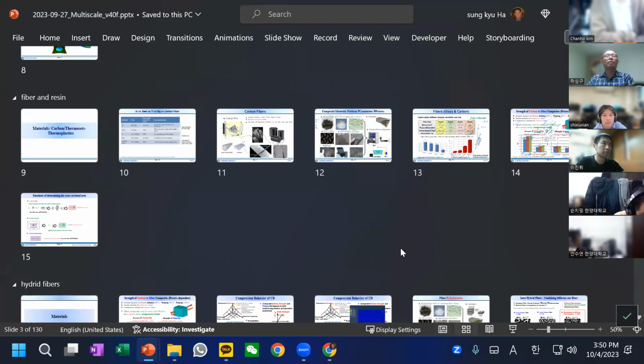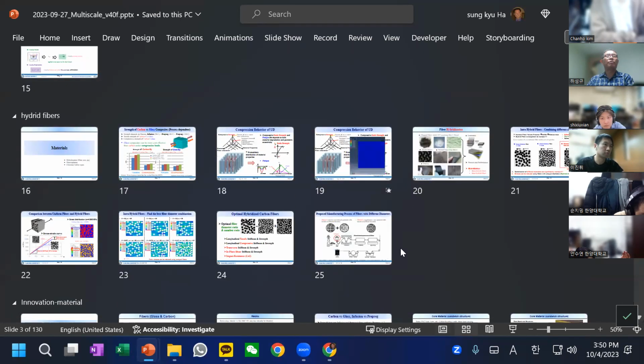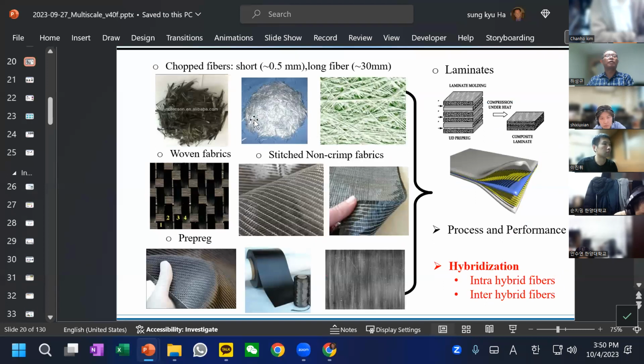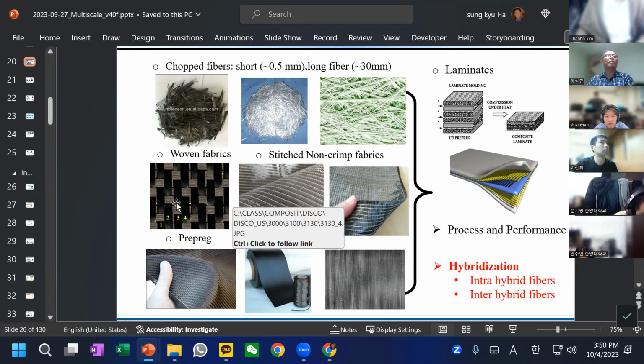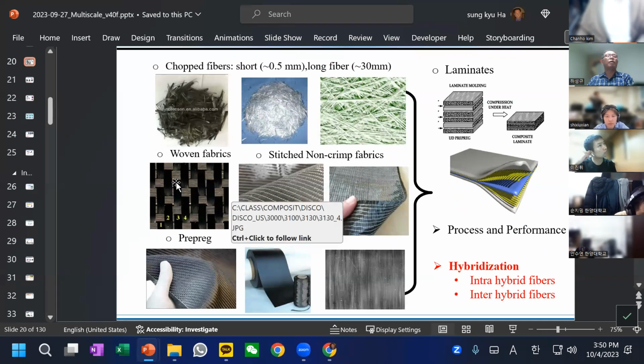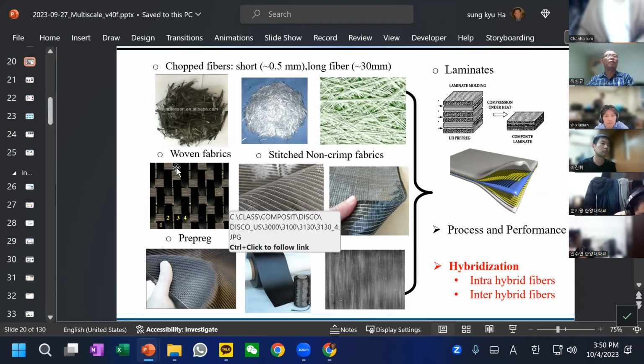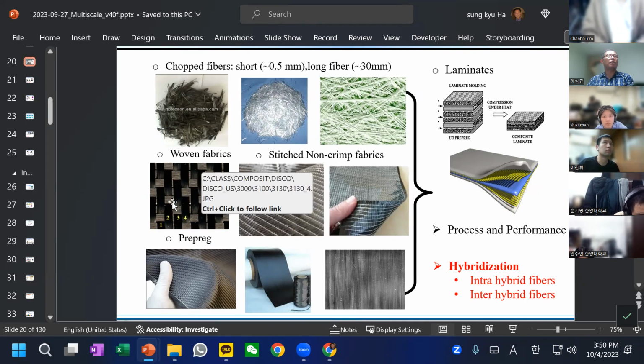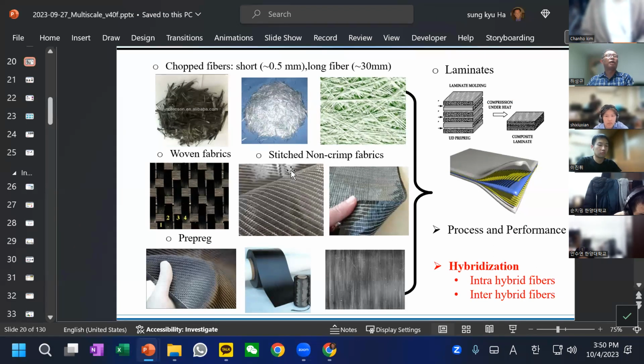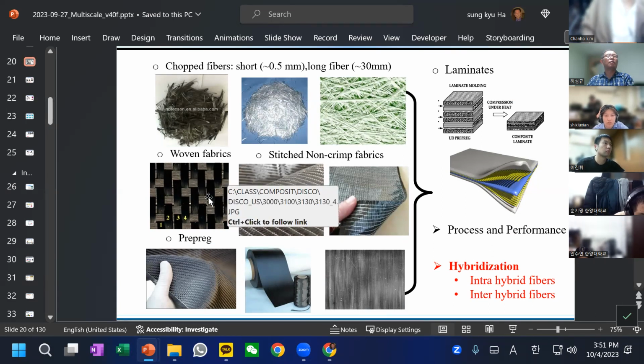But in doing so, a very important point is the understanding of fibers. Fibers can be short, can be long, can be continuous, or can be interlocked like woven, or sometimes stitched. Woven means the fibers are interlocked to make the form, but without interlocking, we can have just one direction.